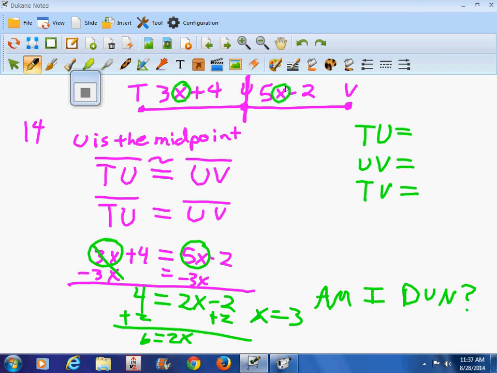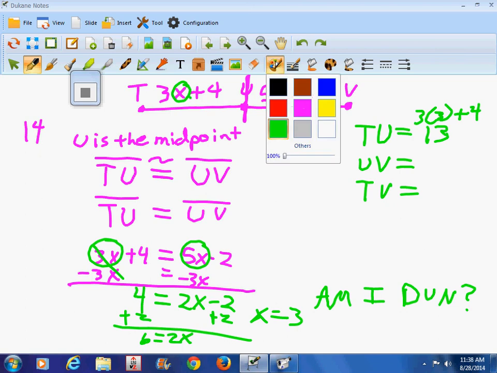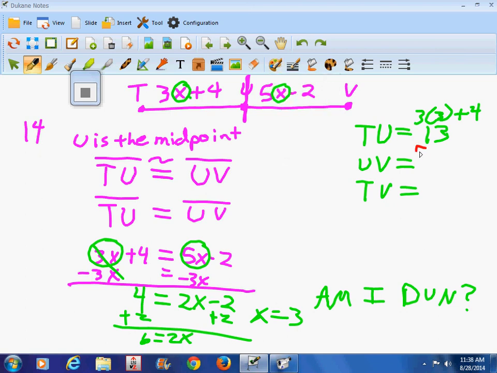So now I have 3 times 3 plus 4, which gives me 13. Now, if TU is 13, what should UV be? 13. Plug in 3: 5 times 3 minus 2 gives me 13. Now, what should TV equal? 26.